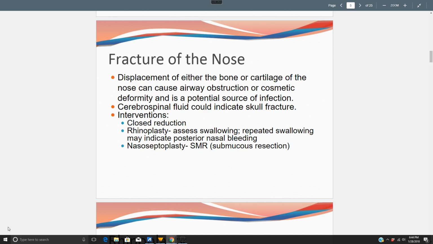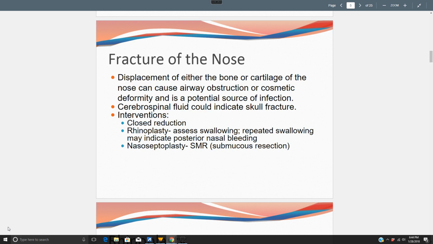And again, that initial injury will really require a good assessment at the site of the injury, looking for any deviation, any malalignments, or any change in the nasal breathing, which will determine how extensive or how aggressive that particular treatment is going to be.